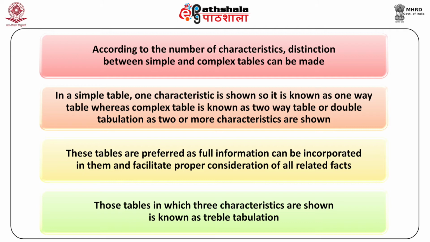In a simple table, one characteristic is shown, so it is known as a one-way table, whereas a complex table is known as a two-way table or double tabulation as two or more characteristics are shown. These tables are preferred as they represent overall information and facilitate proper consideration of all the related facts. The tables in which three characteristics are shown are referred to as treble tabulation.